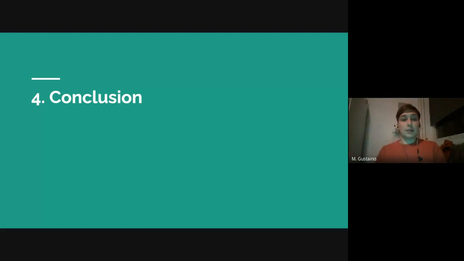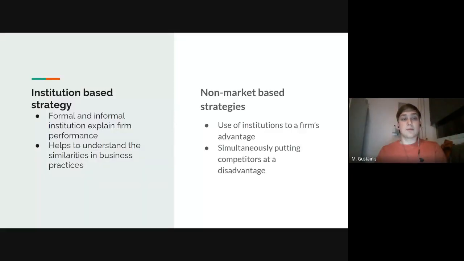So to conclude, firstly, we talked about institution-based strategies and how it is the third pillar, which is also put into categories, formal and informal institutions, that actually explain the performance of the firm. It really helps companies and managers understand how businesses are similar in a specific area, although they might be in a different industry, and it shows how they should be approached if wanted to put a subsidiary in a new area.